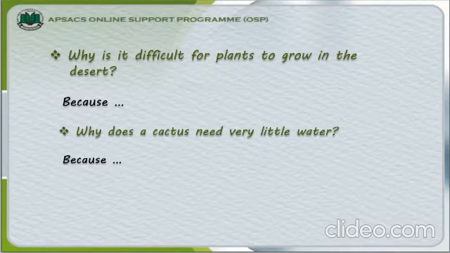Okay, next one. Why does a cactus need very little water? Think about it. Because when rain falls, the roots of the cactus drink water very quickly and they store water in their thick skins.